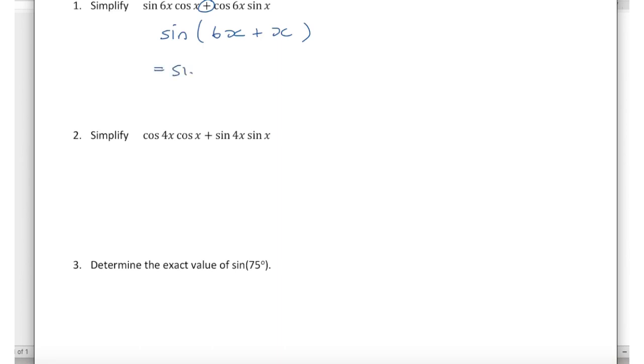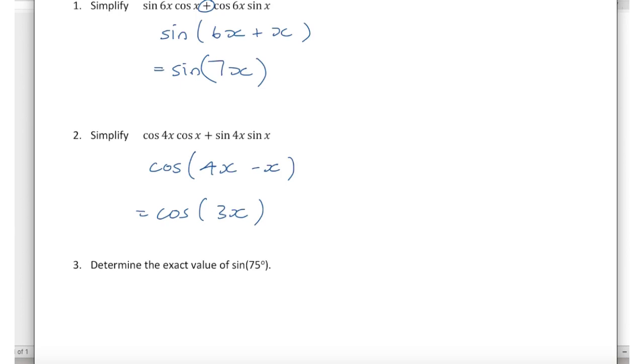So we can simplify this as representing the sine of 7x. If we had to simplify the next one, which is cos 4x times cos x plus sine 4x times sine x, this is one of the cosine identities, and it's the angle difference. It's 4x take x, which we can simplify to cos of 3x. So not only can we use the identity to expand, we can use it to simplify.